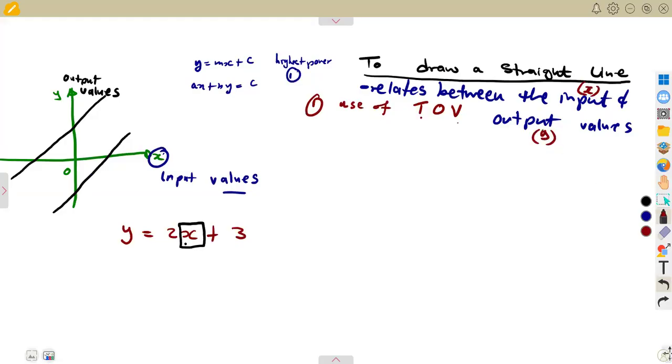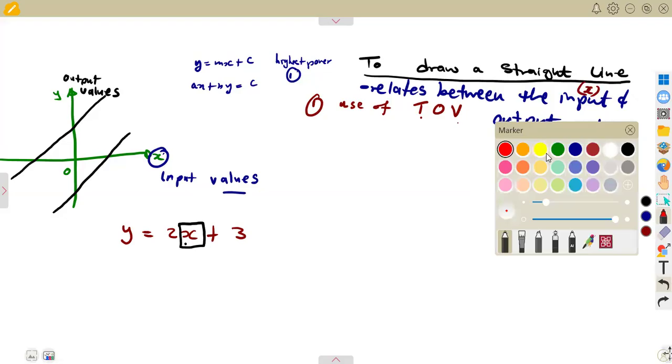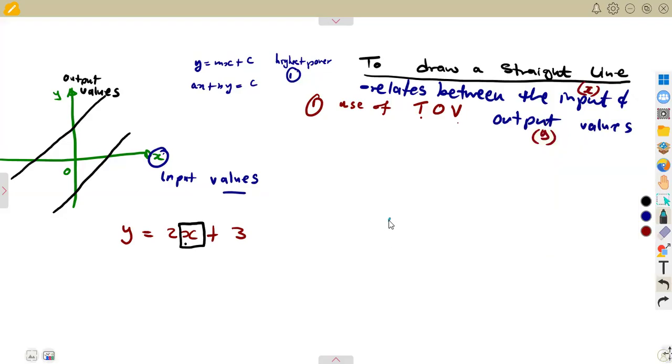So this is a straight line that you have to draw. Let's say you're given 2 points. There is a point here, and there is another point here. With these 2 points that we are given, we can draw a line, a straight line, by just joining these 2 points.